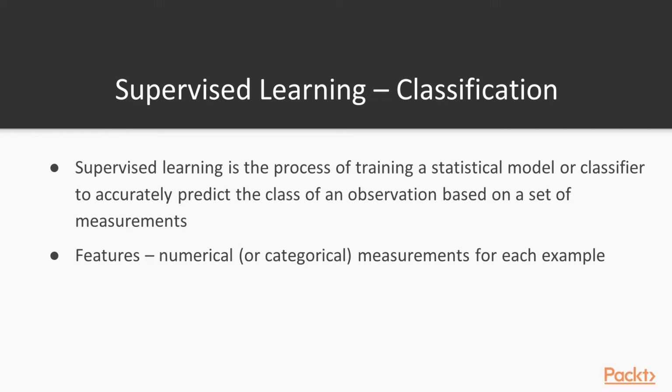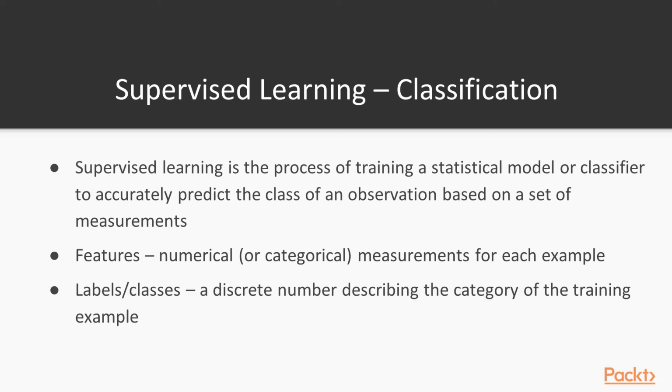Features are numerical or sometimes categorical measurements for each example or each data point. Labels, also known as classes, are a discrete number which describes the category of the training example or the data point. A classifier is a trainable model that learns some function to map those features to those labels.